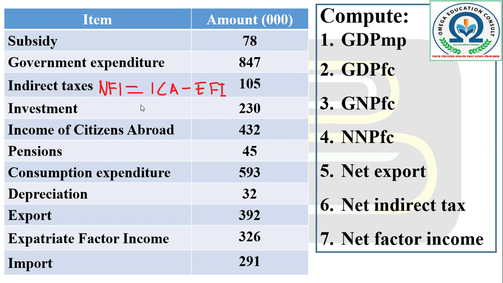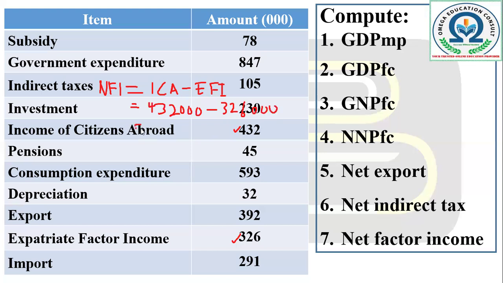So our income of citizens abroad in this data is given as 432,000. And expatriate factor income in this data is 326,000.